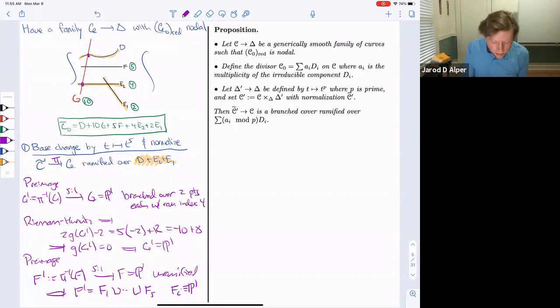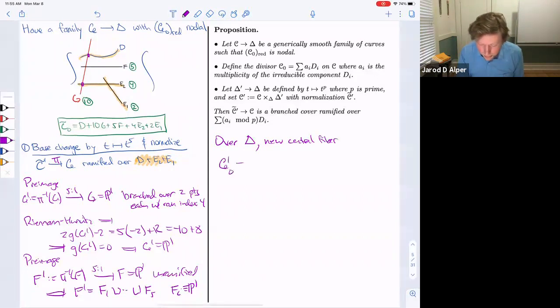Okay, the reason we did this is because we're trying to decrease the multiplicities. So what happens now is if you compute the new central fiber, let's do it over the original DVR, the new central fiber is C prime 0.